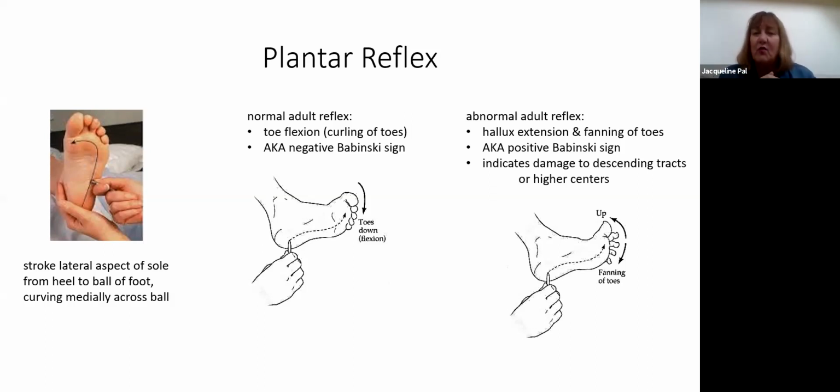Whereas the abnormal reflex, or the positive Babinski sign, is where you do the exact same thing that the newborns do. And so if you have a positive Babinski, this lets the clinician know that there is damage either to the descending tracts connecting to the lower motor neurons, or there's damage in the higher centers, for instance, in the brain. And with that, we are done talking about reflexes.